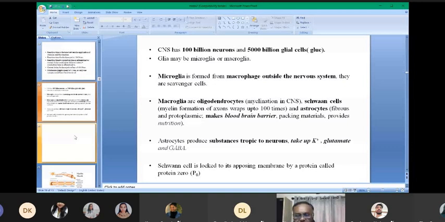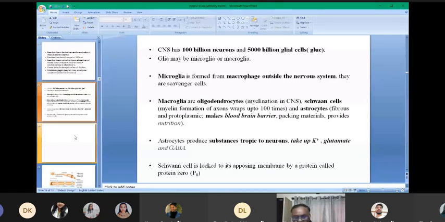Alright. So now astrocytes produce substances trophic to neurons, and take up potassium, glutamate and GABA. That means astrocytes, which make the blood-brain barrier also, give some nutrition to the neurons. So that is called substances trophic to neurons. And potassium ion, glutamate and GABA, if they are present, they are excitotoxic.